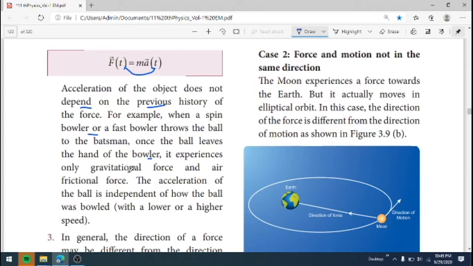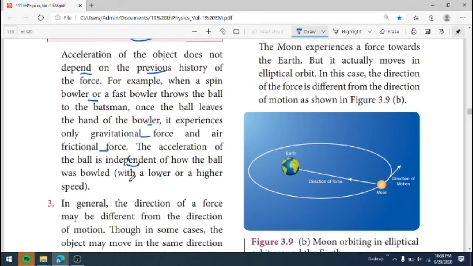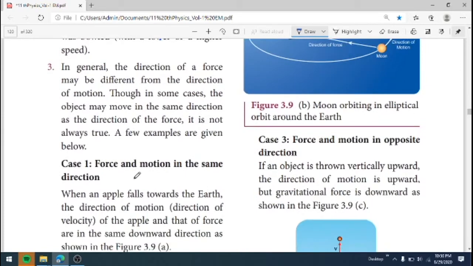Yes, it would be only gravitational force and the air frictional force. So, the acceleration of the ball is independent of how the ball was bowled. That is, whether it leaves the bowler's hand at lower speed or higher speed, the acceleration of the ball definitely does not depend on that speed. It depends only on the gravitational force or the air frictional force it experiences. That's the meaning.